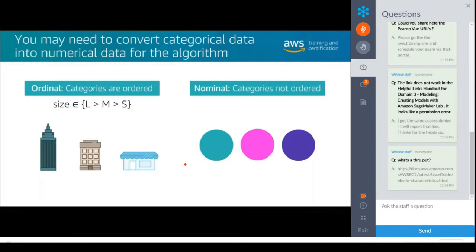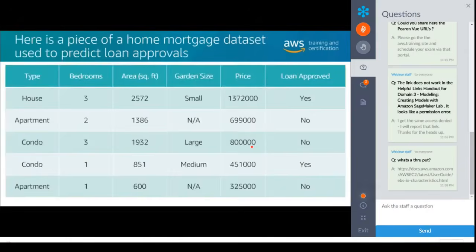Ordinal just means that there is an order that you can sort them in: large is bigger than medium, which is bigger than small. Nominal categories are completely not ordered. We don't feel that purple is better than magenta, or that teal is better than magenta. There's no order to the colors, right?